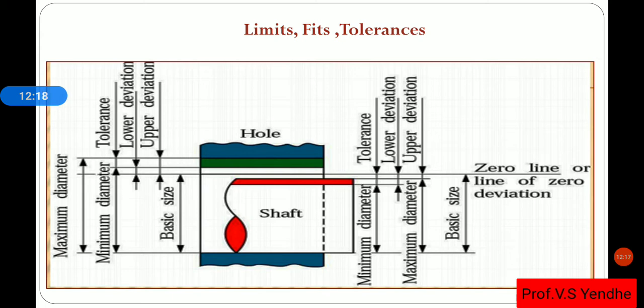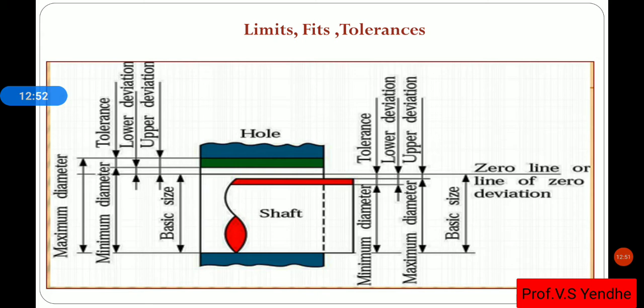While manufacturing, it is always difficult to manufacture the components of the actual size. Whatever the machine settings or tool settings, they may not be according to the actual size. There may be differences, variations, or errors.